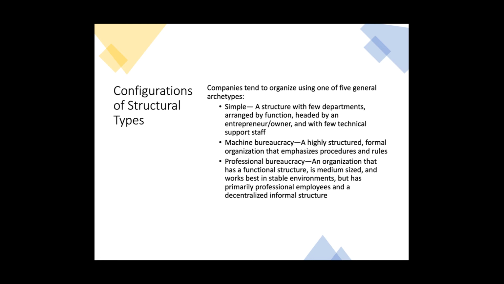Now, another type of bureaucracy, you see there, the professional bureaucracy. An organization that has a functional structure. It's not huge. It's a medium-sized company, and it works best in stable environments, but has a primarily professional employee structure. What does that mean? Well, think of, for instance, a law corporation, right, where the majority of the employees are professionals.